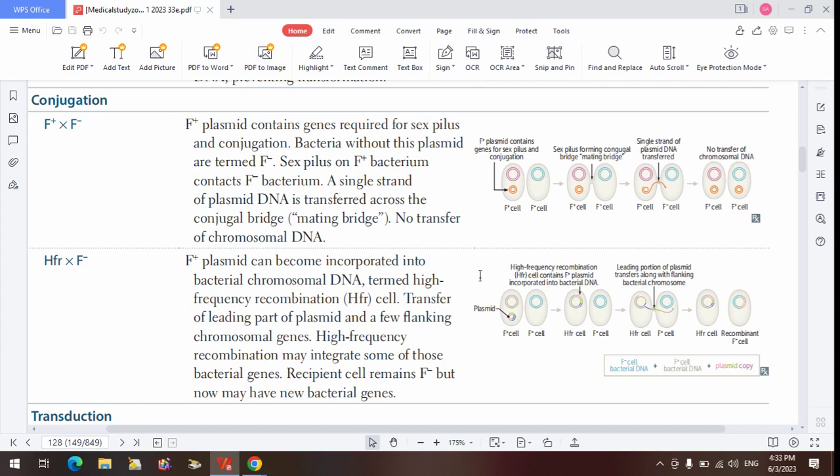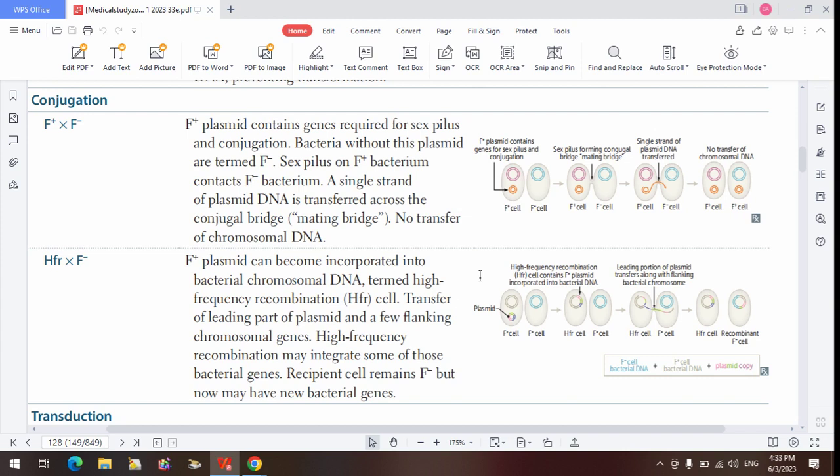Now the plasmid contains so many genes, but one of them is the gene for the sex pilus. The pili that we talked about when we were talking about the appendages. You remember? So the gene that codes for that pilus protein is encoded within the plasmid. That means any bacteria that has a plasmid can form the sex pilus.